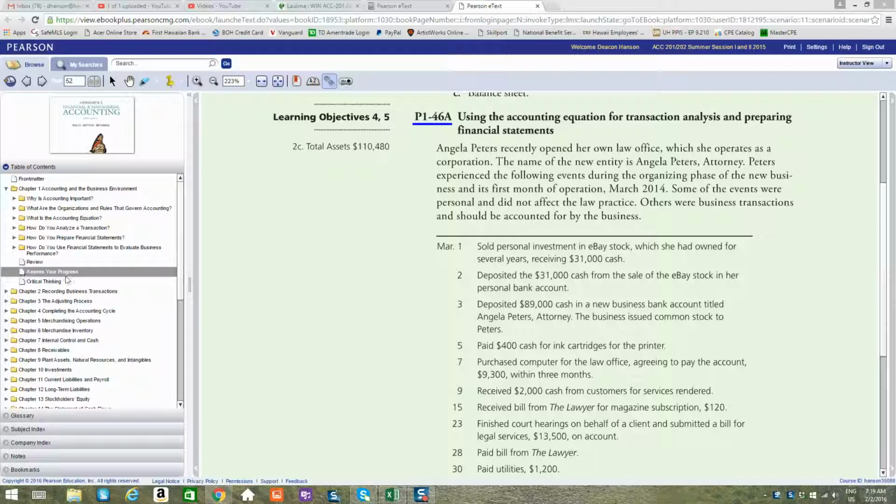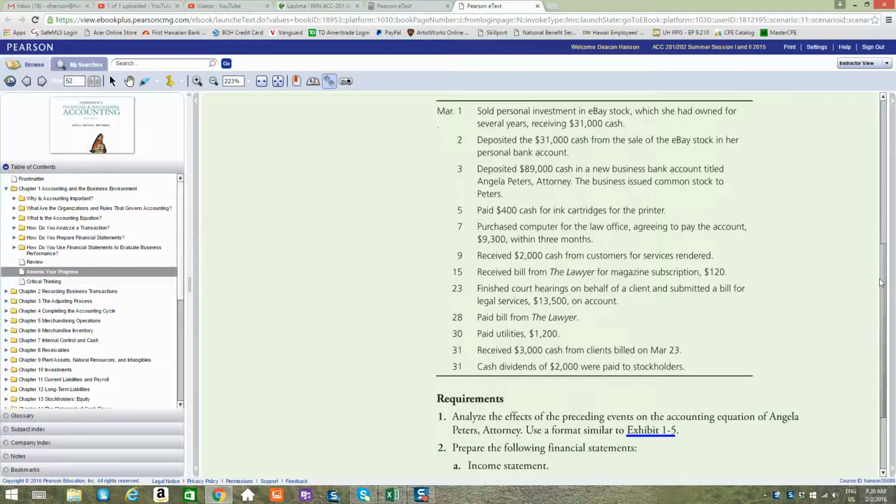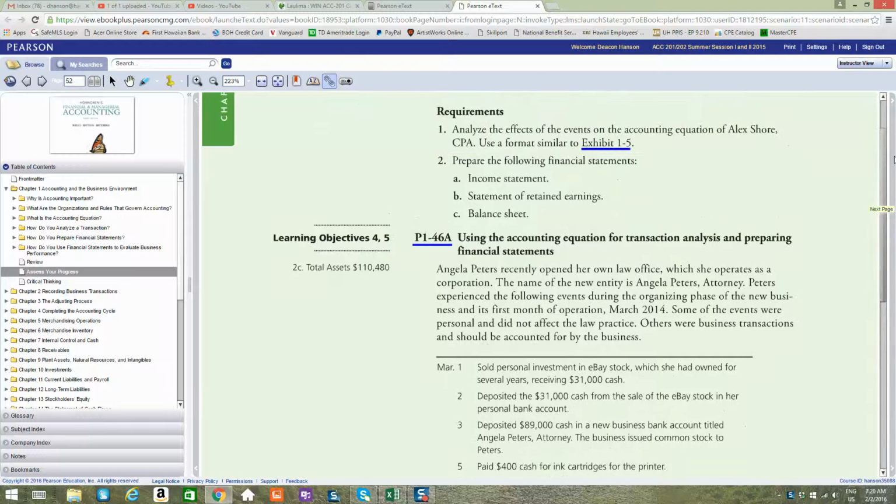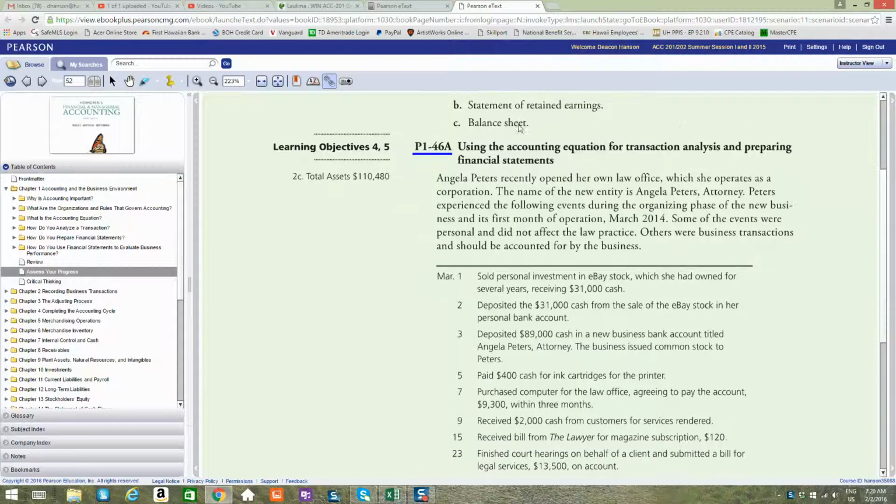section. And in that section, I had to flip through a few pages, but on page 52, I found problem 1-46A. Now you could choose to either do it manually, so you could do it paper and pencil to practice, or if you notice, there's a little hyperlink here with this blue underline, and when you hover over it, it turns red and the hand comes up.